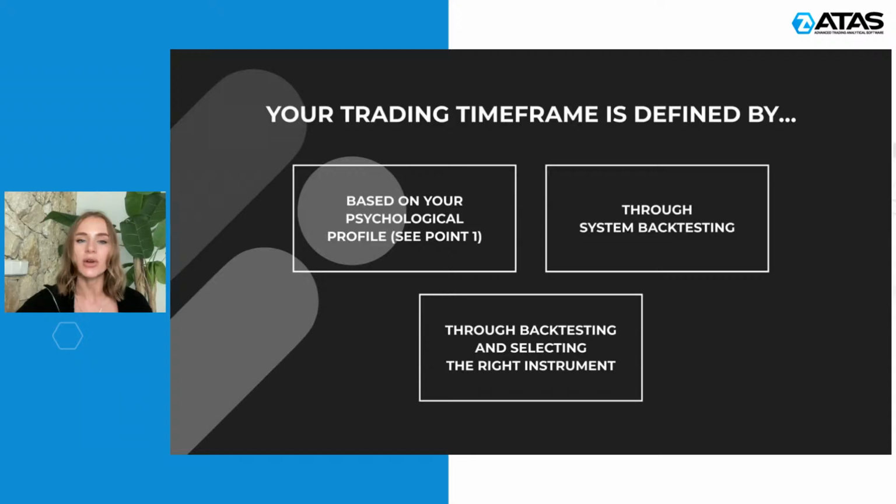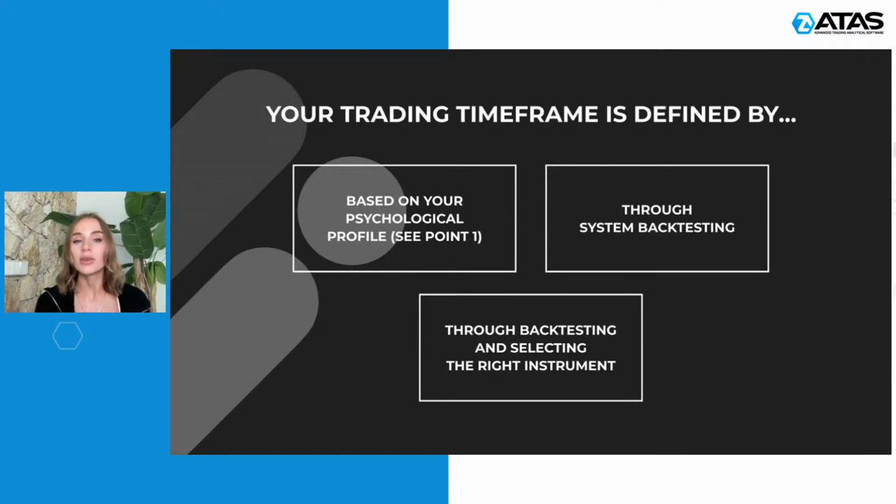Well, your trading time frame is determined, first of all, by your psychological profile. See point one, right? So you need to determine your psychological profile as a trader, what suits you best, and from there, find a range of time frames which might work for you. As a scalper, it can be a range XV chart, for example, on the Aras platform.